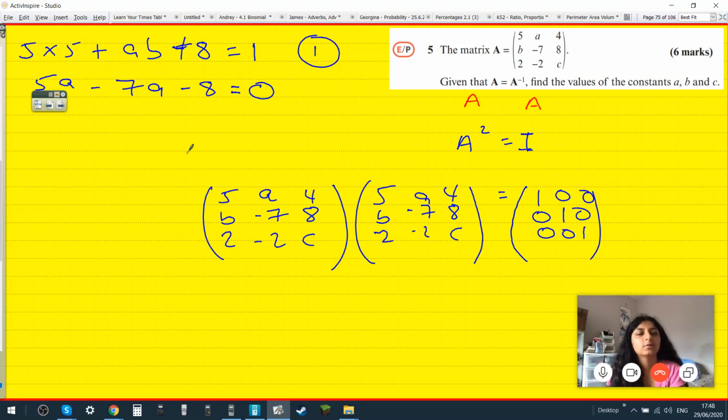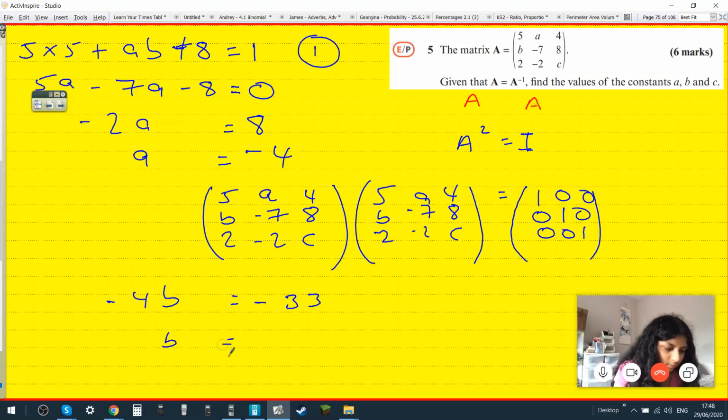No, minus 2A is equal to 8. A is equal to minus 4. Yeah. And so what is B? B is equal to minus 33. Minus 4B is equal to minus 33. 33 over 4? Yeah, which is 8.25.